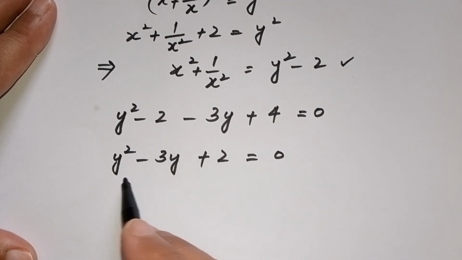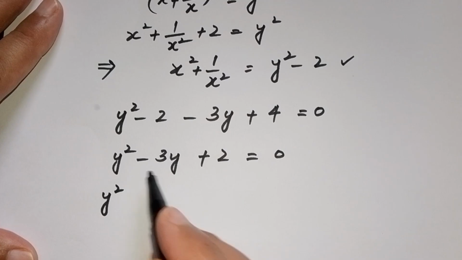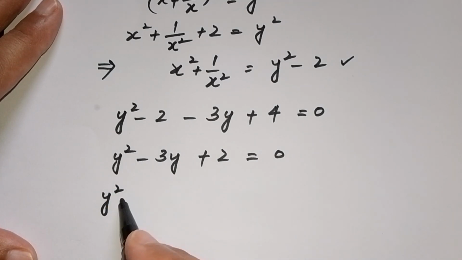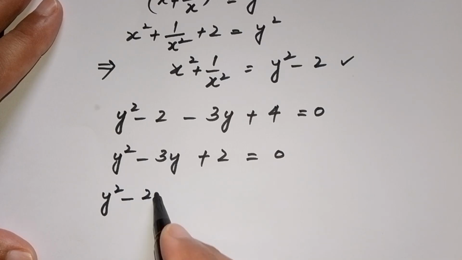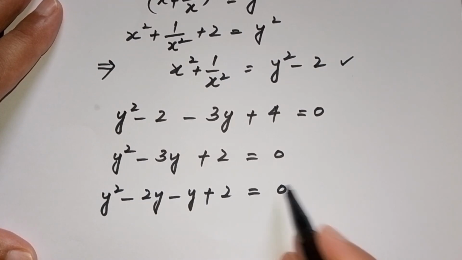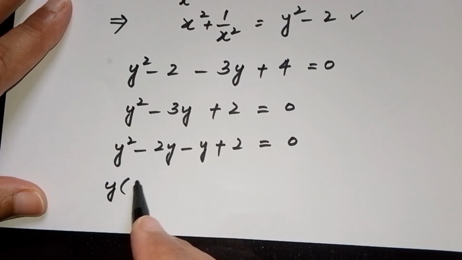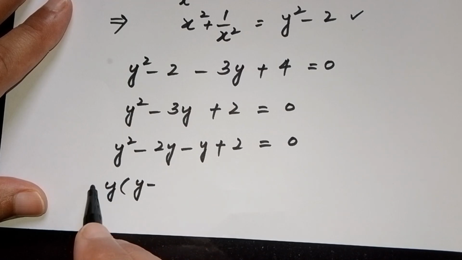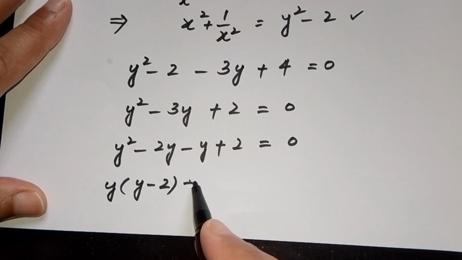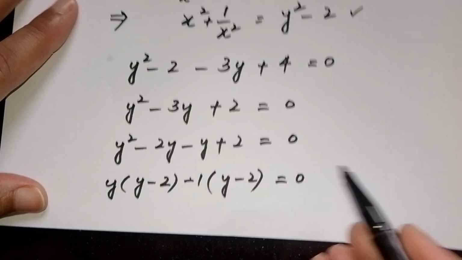Now we will factorize this equation. Here we have the product is 2 and the sum is 3. So we can factorize it like y^2 minus 2y minus y plus 2 is equal to 0. From the first portion we take y common and get y times y minus 2, and from the second we take minus 1 common and have y minus 2, is equal to 0.